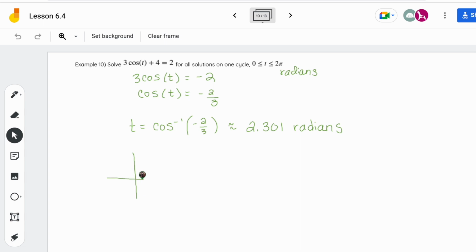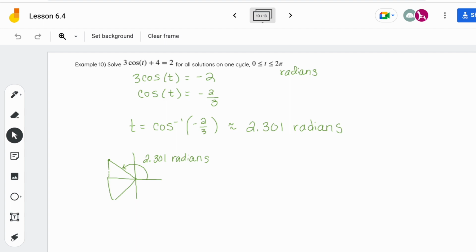So right now we're over here somewhere, and from here to here is 2.301 radians. So my triangle kind of goes like this. So my reference angle or triangle is in the third quadrant. So I'm interested in what is the degree value, or the radians.